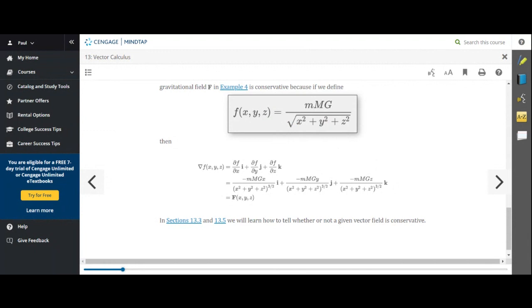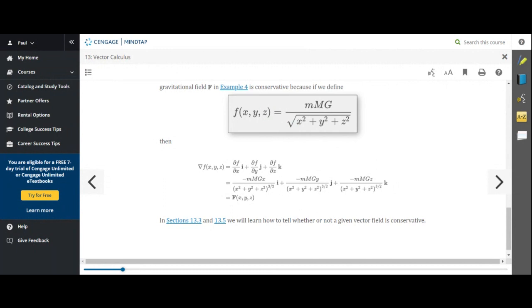That means the gravitational field is a conservative vector field, because we were able to find a function of x, y, and z given by little m times big M times G over the square root of x squared plus y squared plus z squared. The gradient of that function is equal to the gravitational field F because the i, j, k components are those of the gravitational field. So the gravitational field is a conservative vector field.